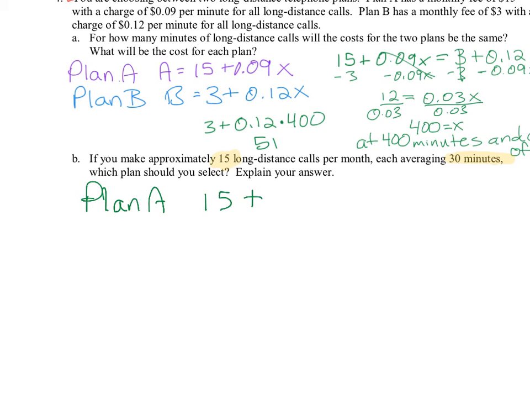Sorry, that's not coming from the 15 long distance. That's coming from the A equation. 15 plus 0.09. Now for Plan A and B, x is going to equal 15 times 30. 15 long distance calls at 30 minutes each. Okay, to get our total number of minutes. 15 times 30. Well, we have 450 minutes.